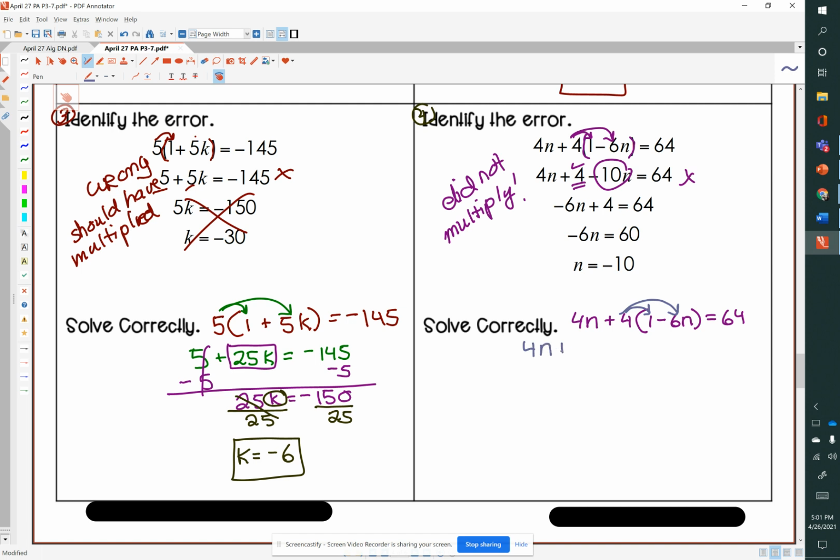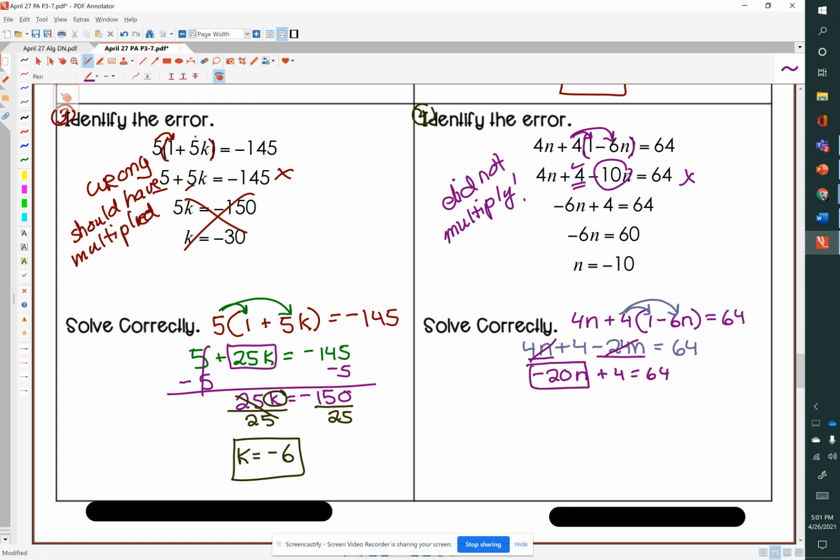So 4n plus 4 times 1 is 4, and 4 times negative 6 is negative 24n, and that equals 64. Now, at this point, we can combine like terms. We have 4n minus 24n. So that would be negative 20n, plus 4 equals 64.